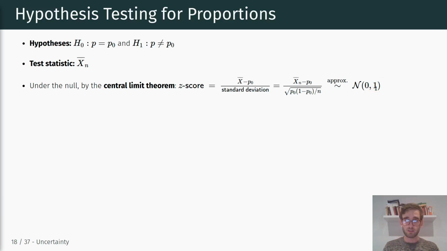So it is distributed according to a standard normal distribution, right? That's one way of how we characterize the central limit theorem.